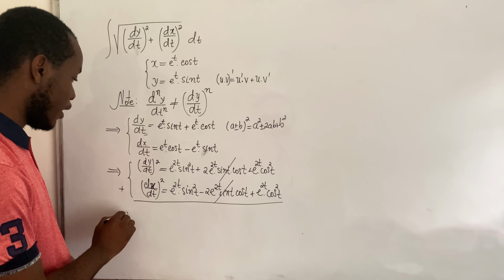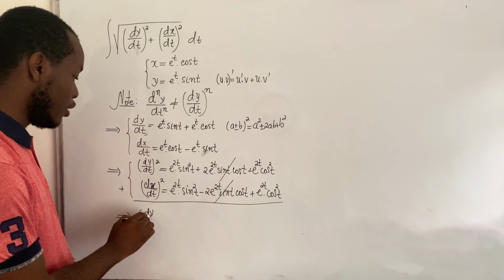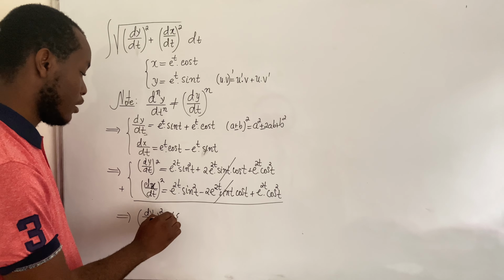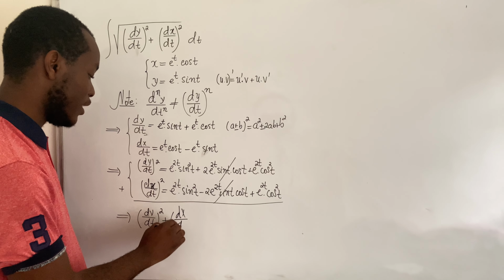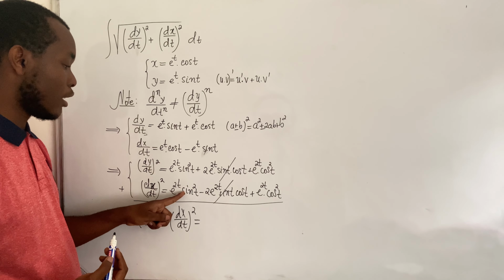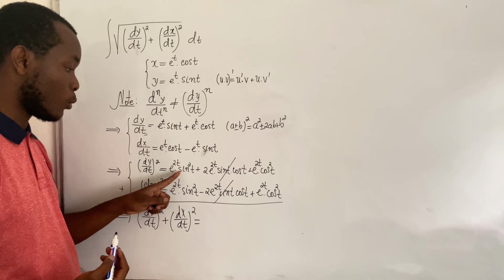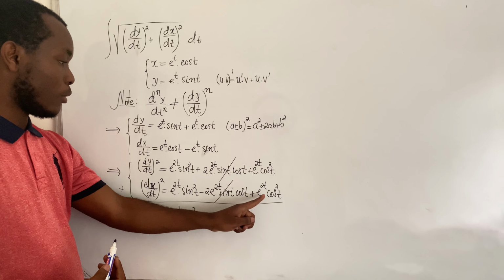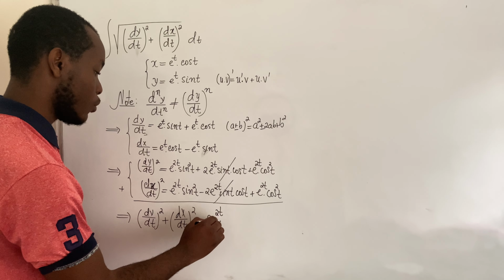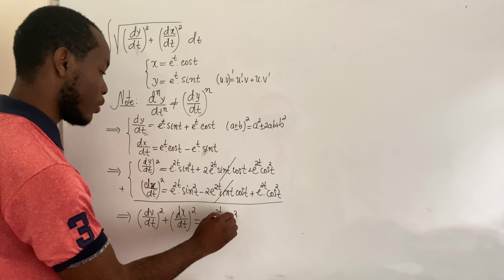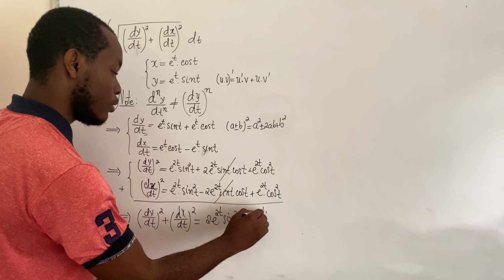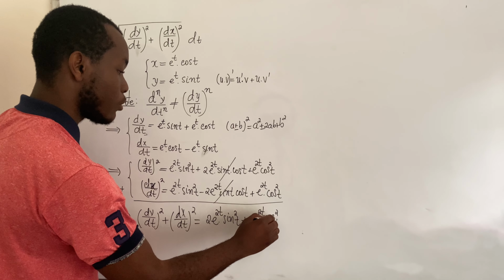So dy over dt squared plus dx over dt squared will be equal to: this one is cancelled, and the others are the same, so we have 2 times the same expression. This will be equal to 2 times Euler to the power 2t times sine squared t plus 2 times Euler to the power 2t times cos squared t.